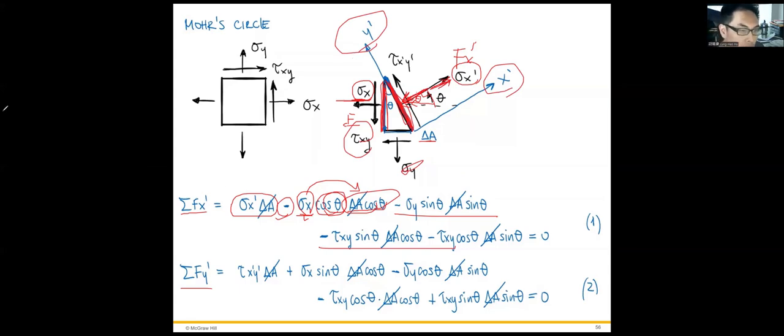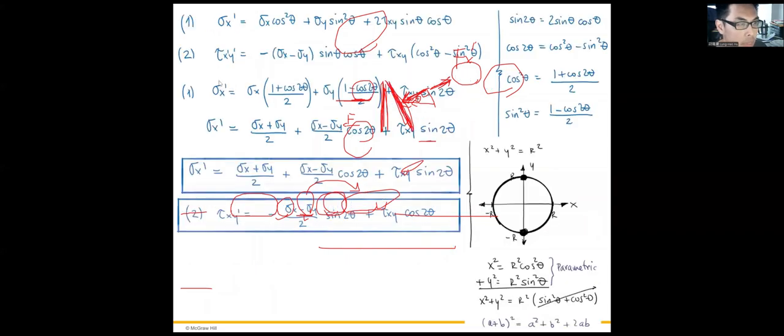Okay, so I'm going to skip those mathematical processes. You can work on this a little bit. I just want to show you how to analyze the stress on the delta A and along the x prime and y prime coordinates.